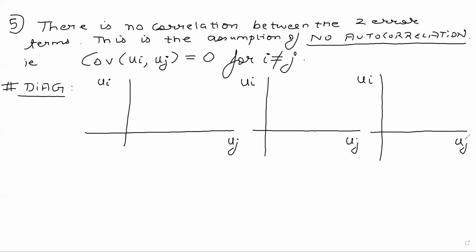If I plot a scatter diagram and suppose it comes out like this, you can see in this case there is no trend. We can't say that there is a pattern being followed. So this is diagram A, the case of no correlation.